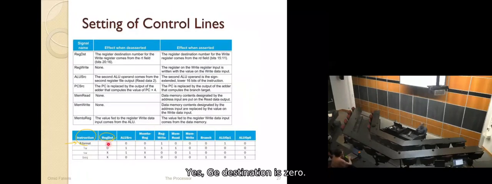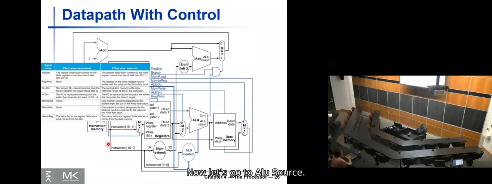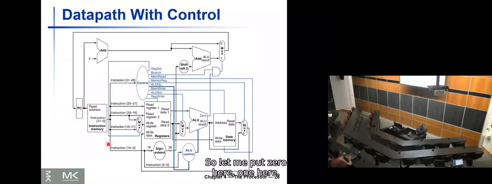So for R format, reg destination is 1. Now let's go to ALU source. ALU source selects either the operand coming from the register file or the immediate value.